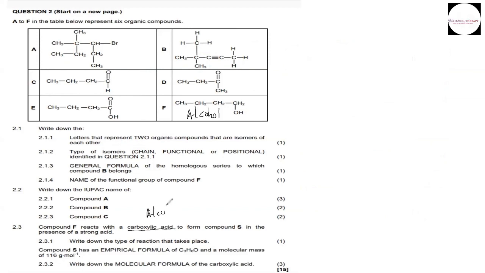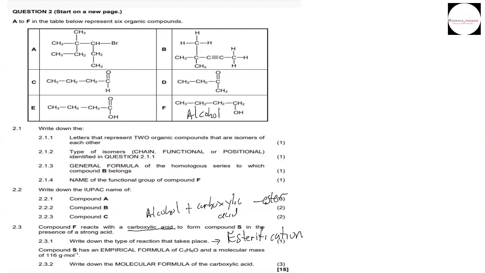If we have an alcohol reacting with a carboxylic acid, we know that these two are about to form an ester, right? 2.3.1 says, write down the type of reaction that takes place. The type of reaction that takes place is esterification. This is the reaction that forms an ester.